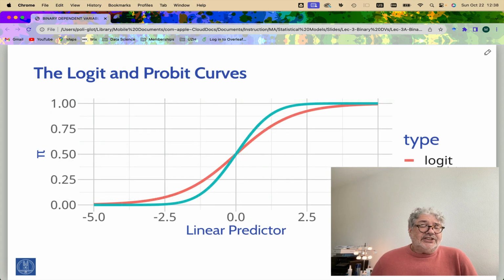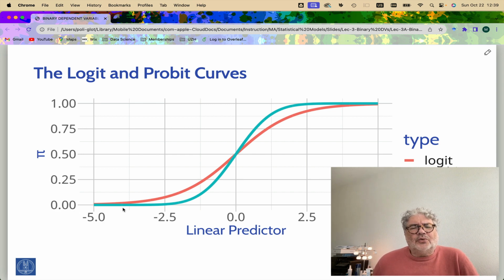If you look at these Logit and probit curves, they look very similar, but for our purposes two things stand out immediately. If we look at the horizontal scale, the linear predictor scale, then that is unbounded. Even though I've just shown it here between -5 and 5, it goes from minus infinity to positive infinity. You see immediately that the vertical axis is bounded between 0 and 1.